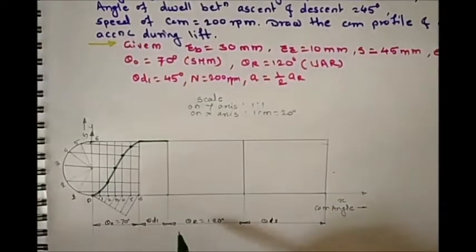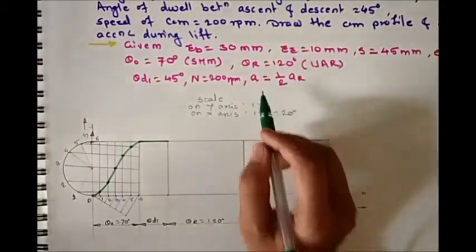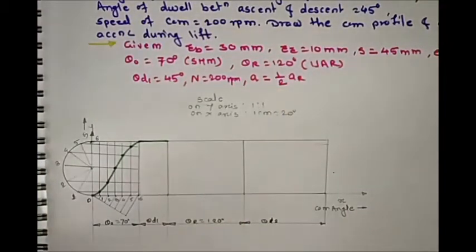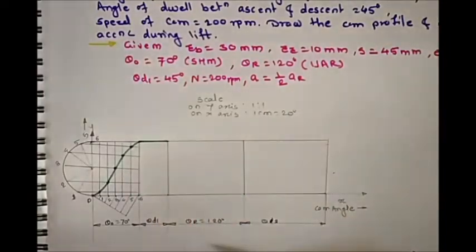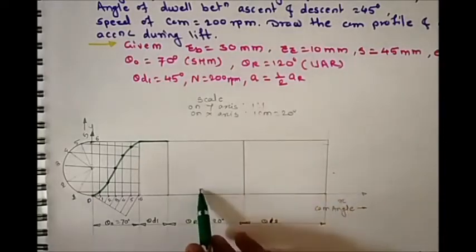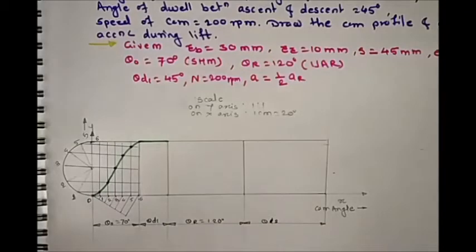Now next is the return stroke, and during the return stroke there is a uniform acceleration and retardation, and acceleration is not equal to retardation. So this displacement, that is for the stroke length and that is for the theta r angle, is not just half for acceleration and retardation as we have seen in the first numerical.